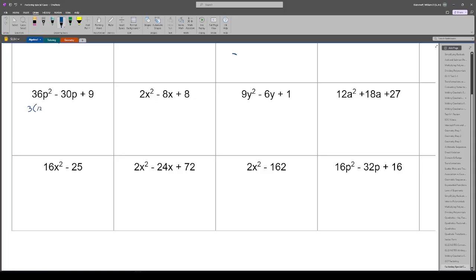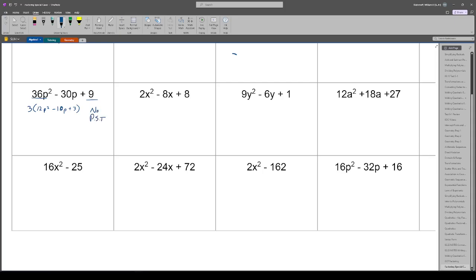So 3 times, because we always do GCF first, no matter what. But notice I had 2 perfect squares here, 36 and 9. But now that I've taken out the 3, this 12 isn't a perfect square and this 3 isn't a perfect square. So that means we don't have a perfect square trinomial.